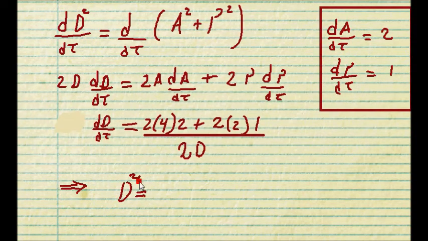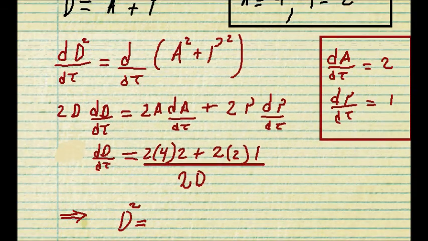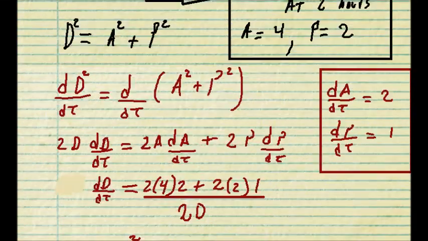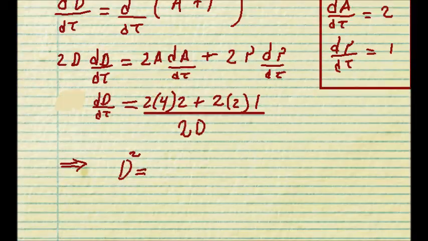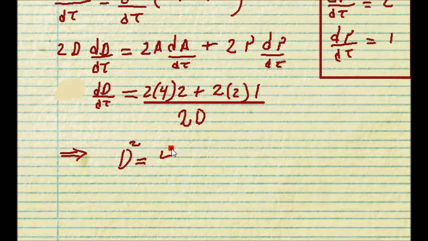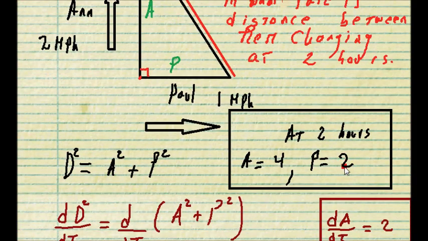A at 2 hours is going to be equal to 4, so I am going to write 4 squared, plus, at 2 hours, P is going to be equal to 2, so I'm going to write 2 squared.